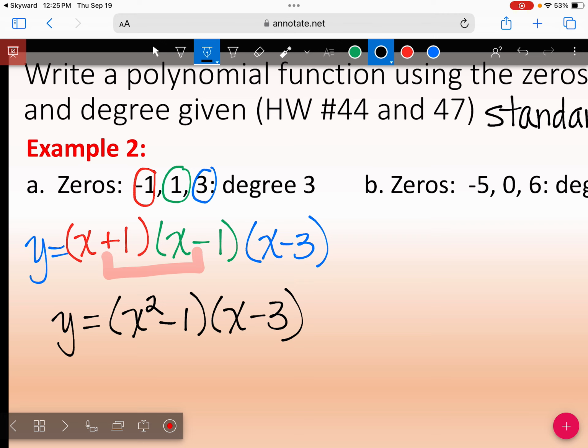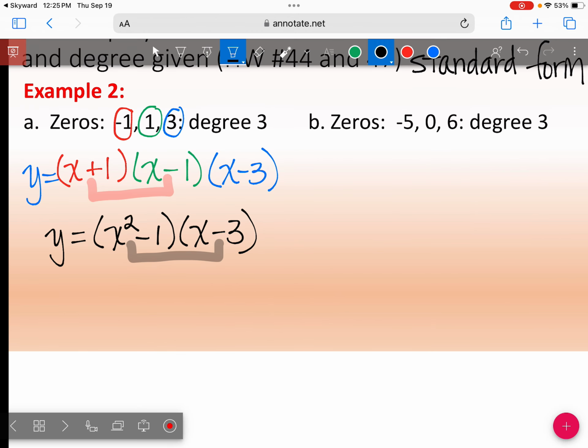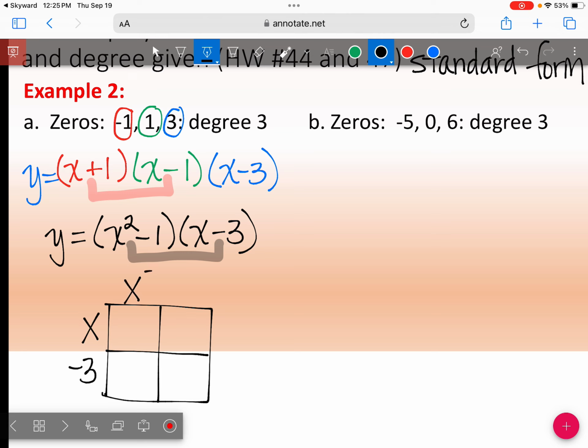So now we need to take that answer and multiply it by the third factor. So I will make a box for this one because I think it might help people. So let's make our box, and then go ahead and fill in your squares.